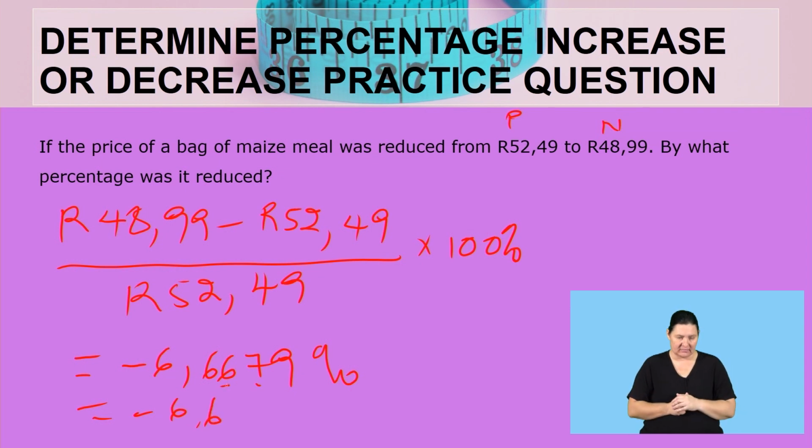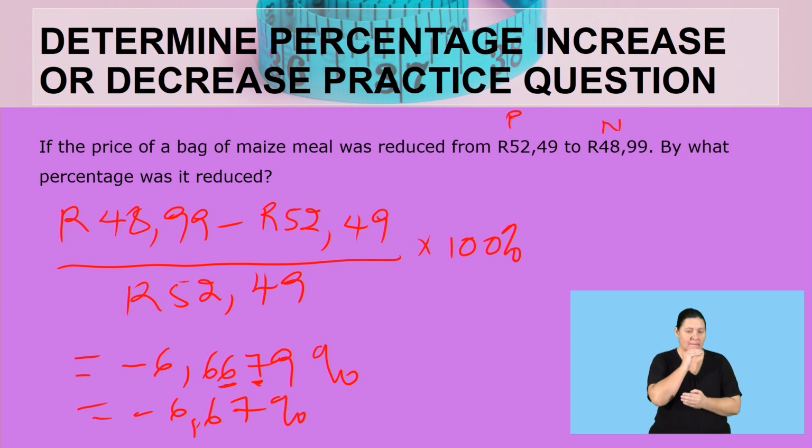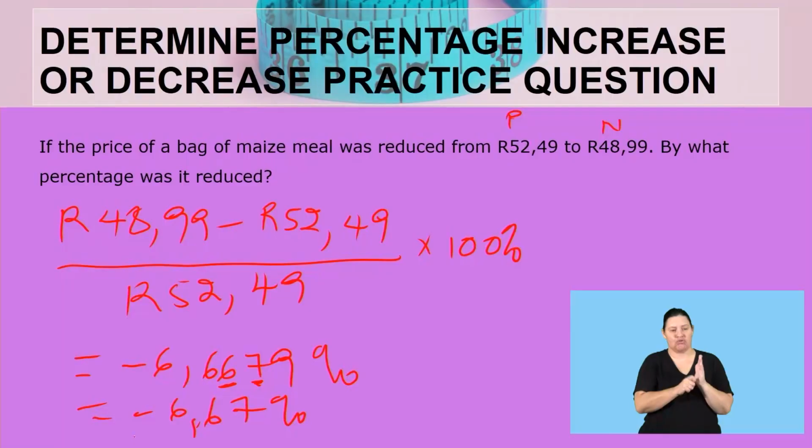We round off this 6, and because 7 is greater than 4, it will be adjusted upward, and it's going to be 6,67. So this 6 will change to a 7%. The negative only indicates that it was reduced. If it is negative, it was reduced. If it is positive, it was increased. It's necessary to write the negative value because it shows that it was reduced.